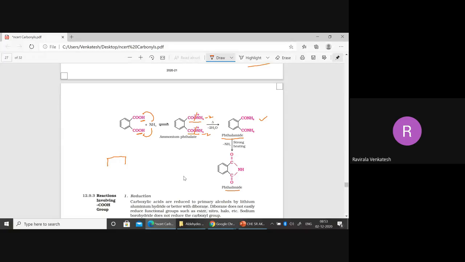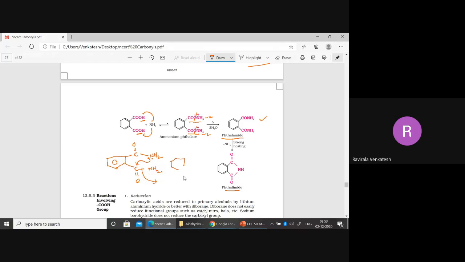You take like this here: C double bond O, NH2, C double bond O, NH2. Now, lone pairs are there here, no? They are attacking on the C double bond O, and NH2 is removed here. Right? Now, what do we get after this one?